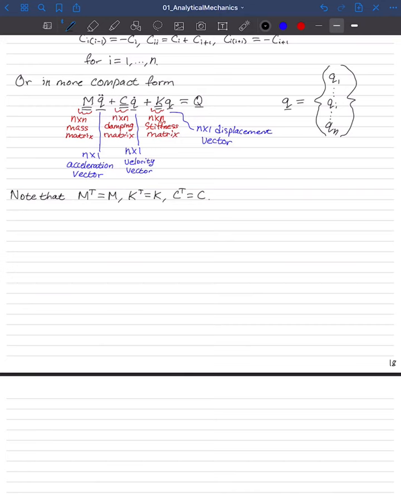And more importantly, we should state that the fact that these are symmetric is a fundamental result of mechanics.